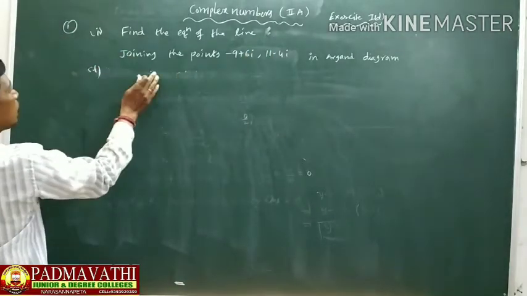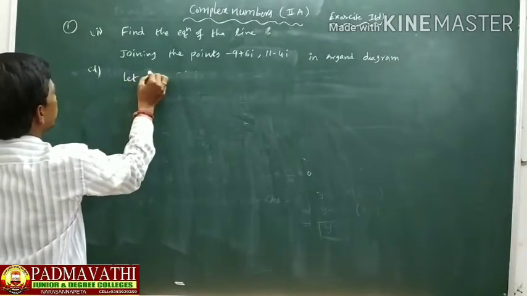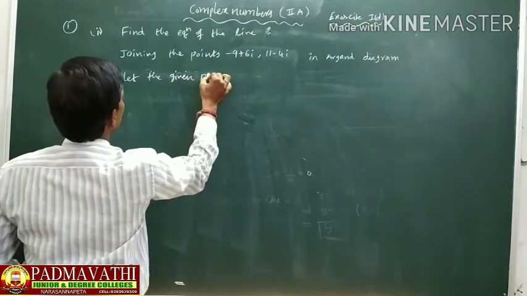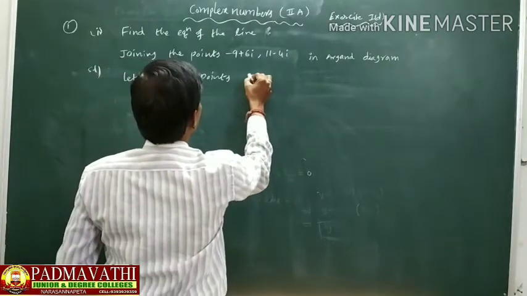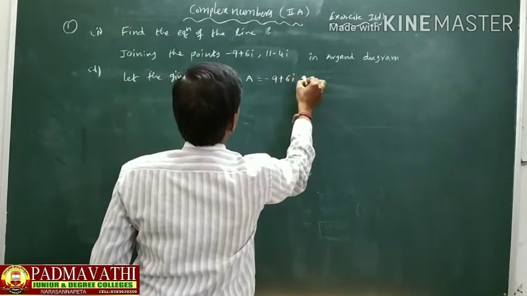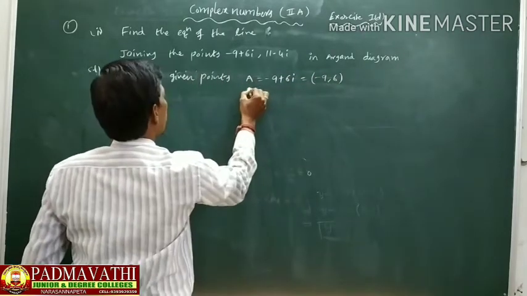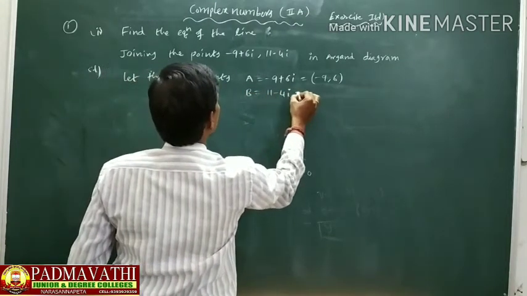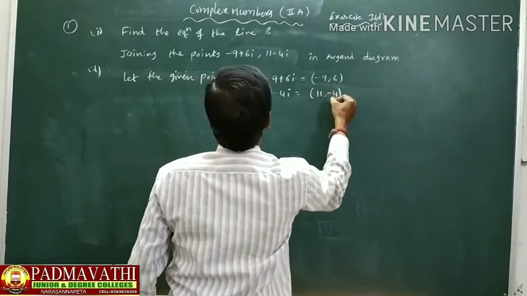Solution: let the given points in the Argand plane be A equal to -9 plus 6i, it is (-9, 6), and B equal to 11 minus 4i, it is (11, -4).